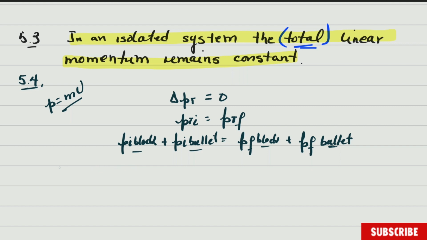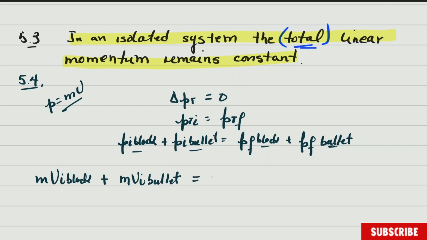So we have mass of the block. Everything is for the block here. I'm not going to write here. Mass multiplied by the initial velocity of the block plus mass multiplied by the initial velocity of the bullet. You can use symbol 1 and 2 if you want.